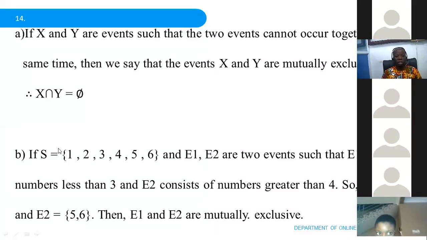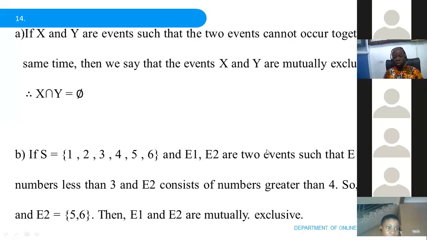Please. If S equal to 1, 2, 3, 4, 5, 6, and E1, E2 are two events such that E1 consists of numbers less than 3, which are the numbers less than 3 in the set S? 1 and 2. Excellent.